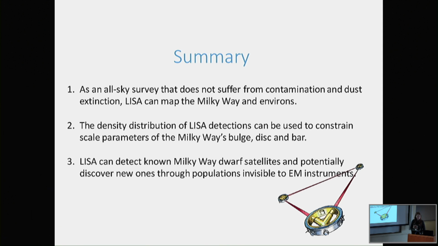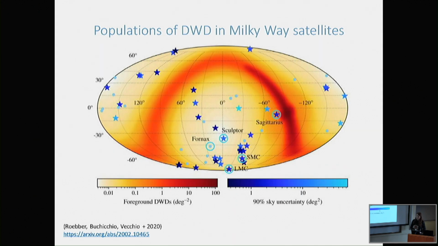You mentioned that this survey wouldn't have contamination, but I was wondering if LISA would also pick up combinations with other compact objects like white dwarfs, neutron stars, or black holes, or any of the possible combinations. Yes. I was not extremely clear on the contamination point, because I meant that any gravitational wave source can be used in the same way.